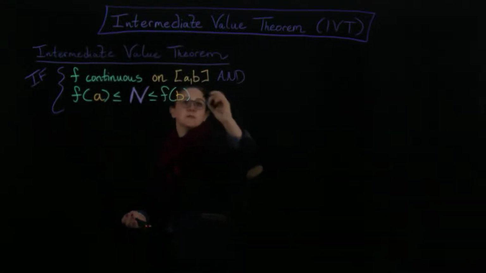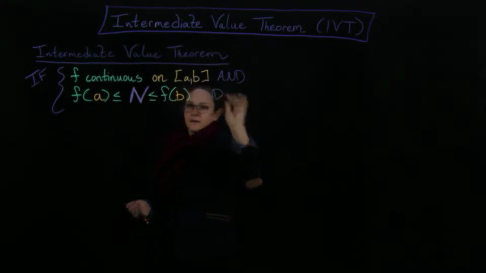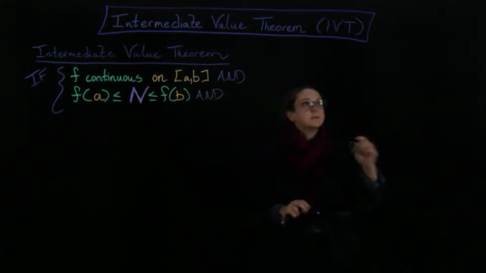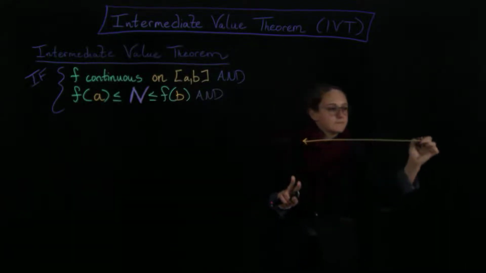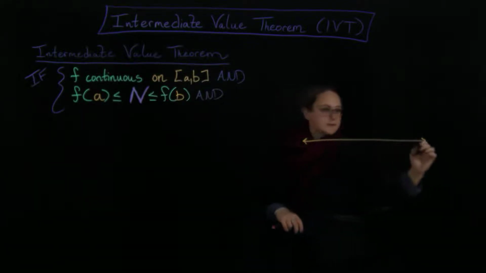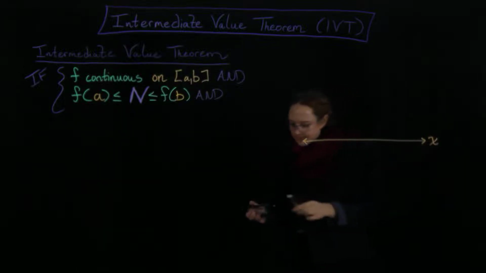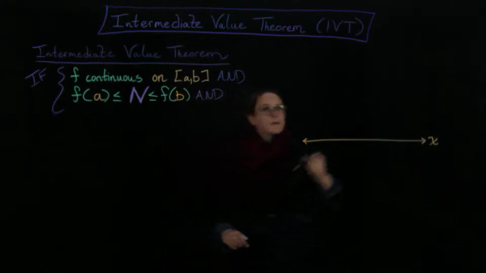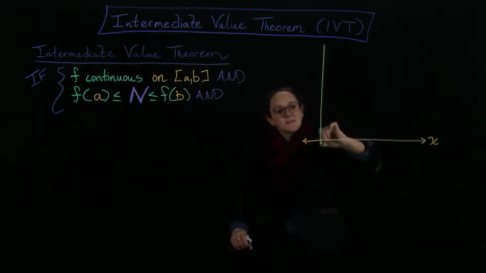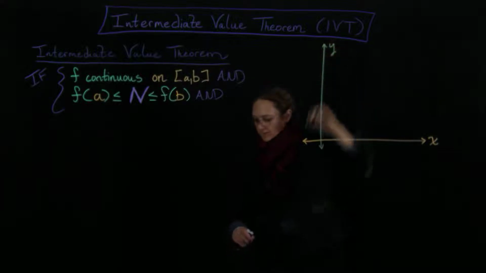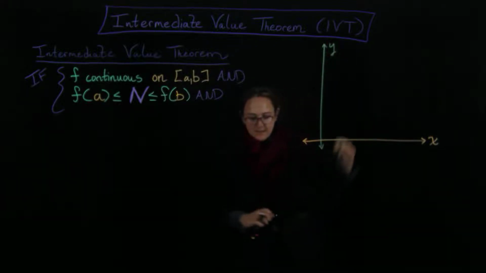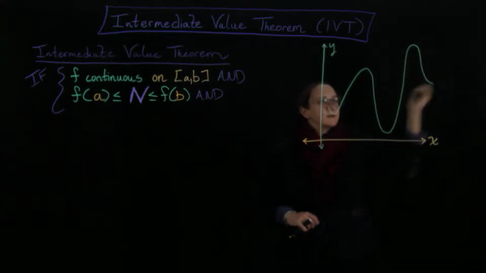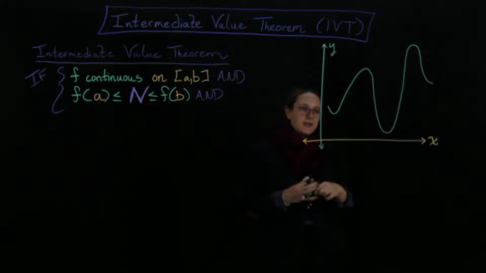And let's start drawing this before we write anything else. I have this axis, perhaps my x-axis, and my y-axis. And then I have the graph of this function. Let me do it like this. And I have this a and this b.